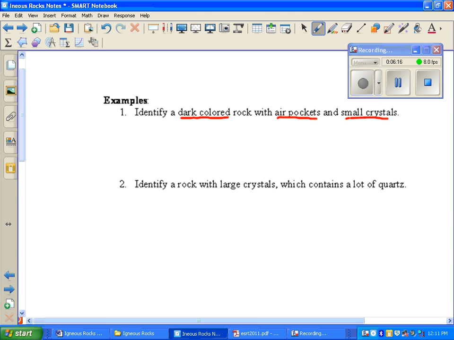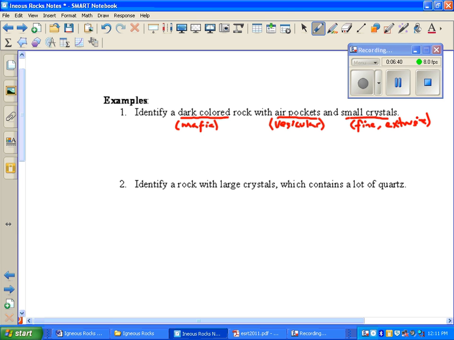So if it's dark colored, we remember that's mafic. And again, it's on the reference table if you've forgotten that. Air pockets, vesicular. And small crystals are fine, and we know it's an extrusive rock if it has those things true.